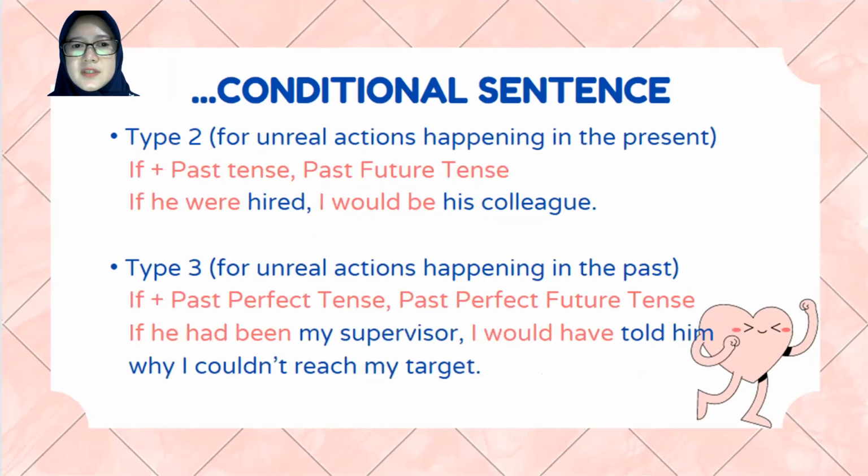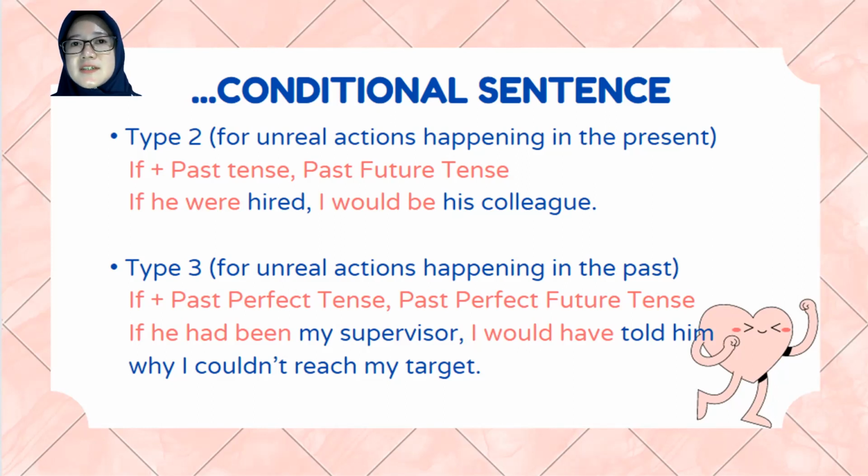While type 2 is for unreal actions happening in the present. Something that is impossible to happen in the present. I mean, as I told you, this is pengandaian, seandainya. Okay, so if means here seandainya. Well, look at the example here. If you were hired, so we use past tense for something that is not happening at present. Okay, use past tense.